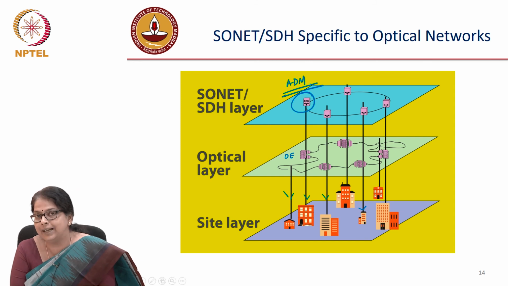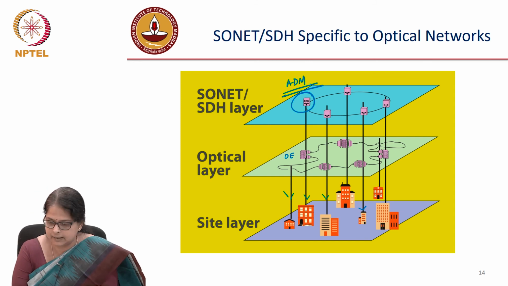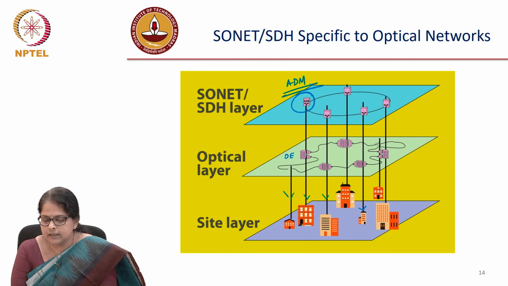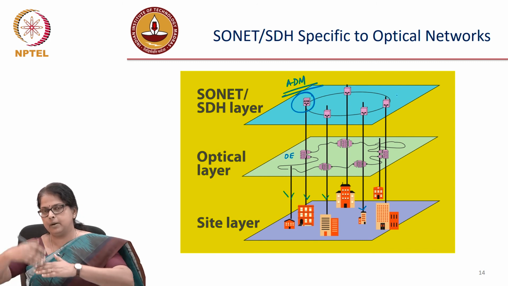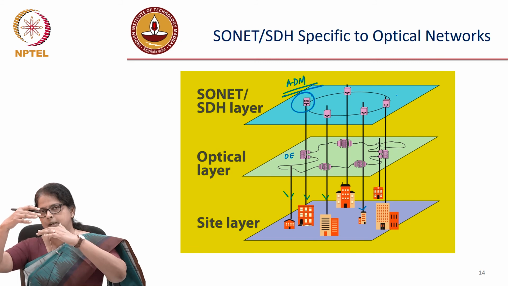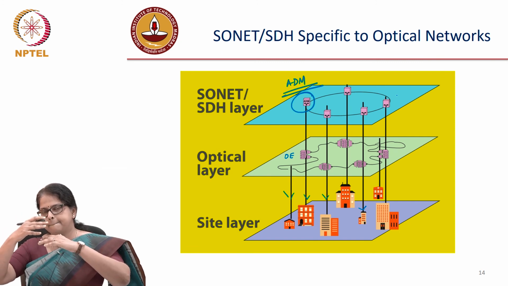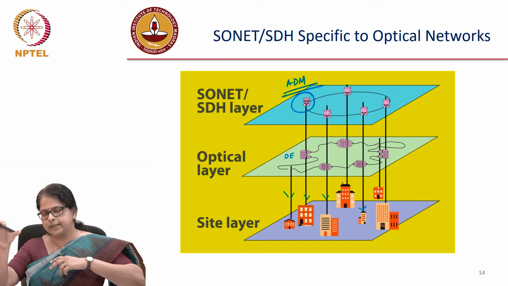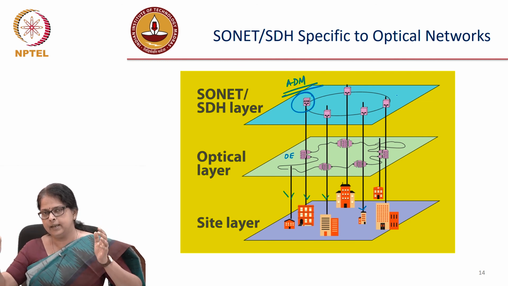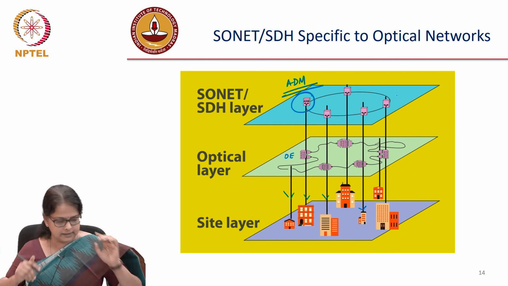Remember, we are talking about electrical add drop multiplexing here. And this is the SDH layer, which is a part of this optical layer, which will ensure that framing is done correctly and different users are multiplexed correctly.